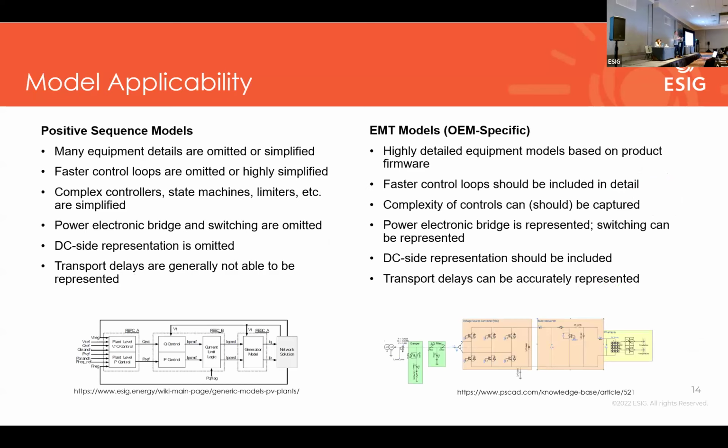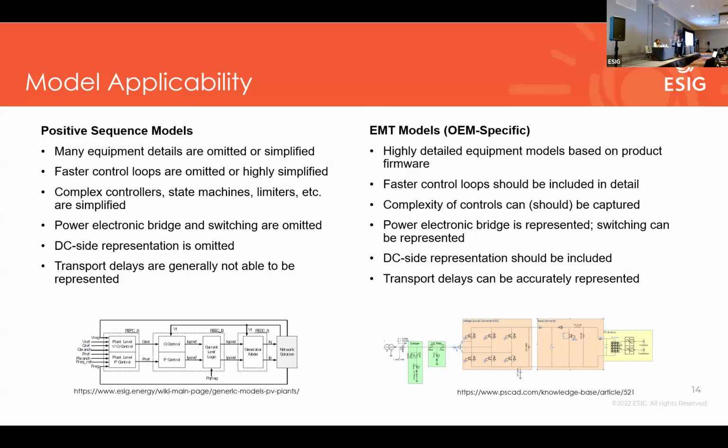So again, that was a little bit more on the tools and the tool architecture. On the software models themselves, this is now what goes into those tools. There are many equipment details that are, again, simplified intentionally. Because of the time step limitations and the design of the tools in the positive sequence models, the faster control loops are either omitted entirely or highly simplified.